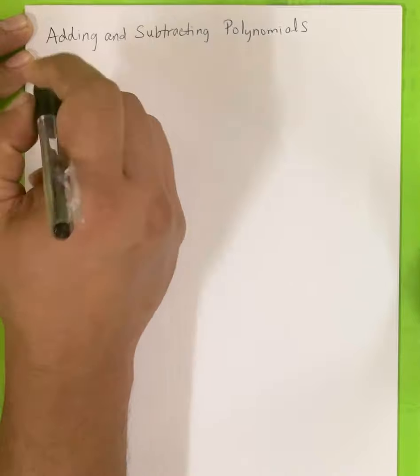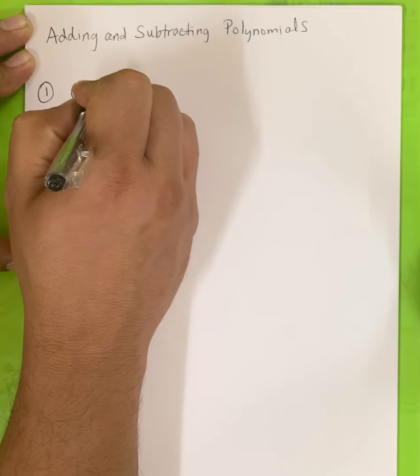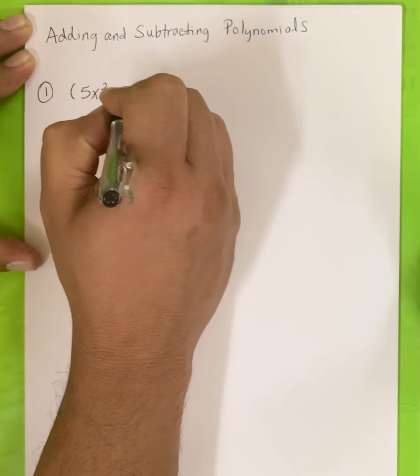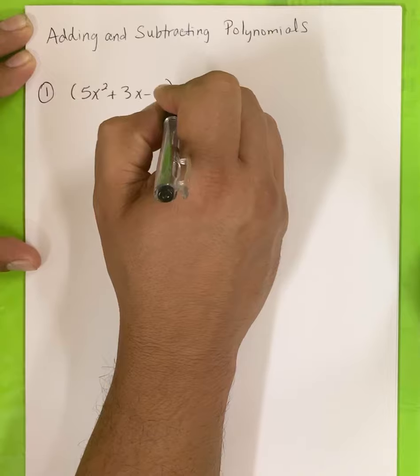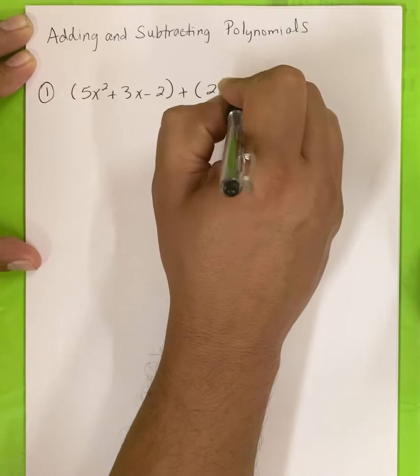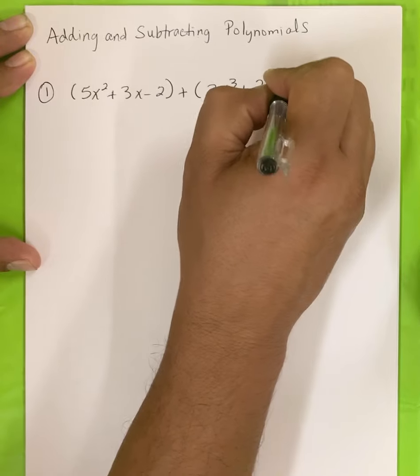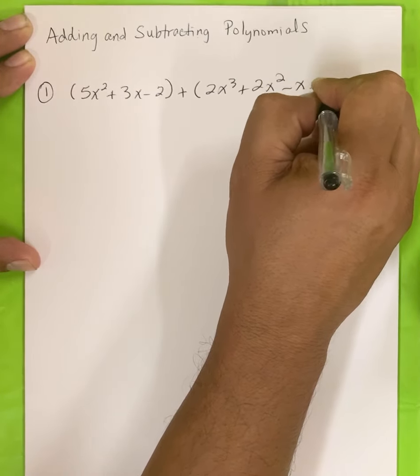Problem number 1. If we have the polynomial (5x squared plus 3x minus 2) plus (2x cubed plus 2x squared minus x plus 6).